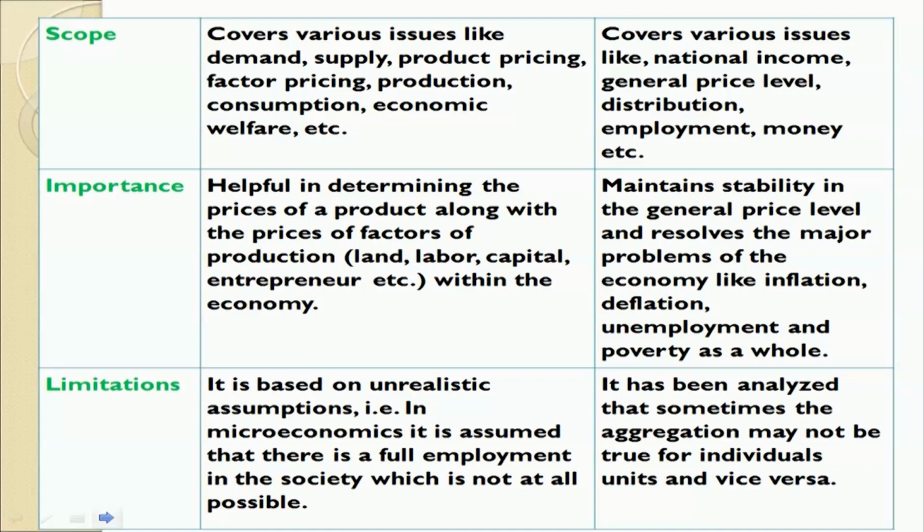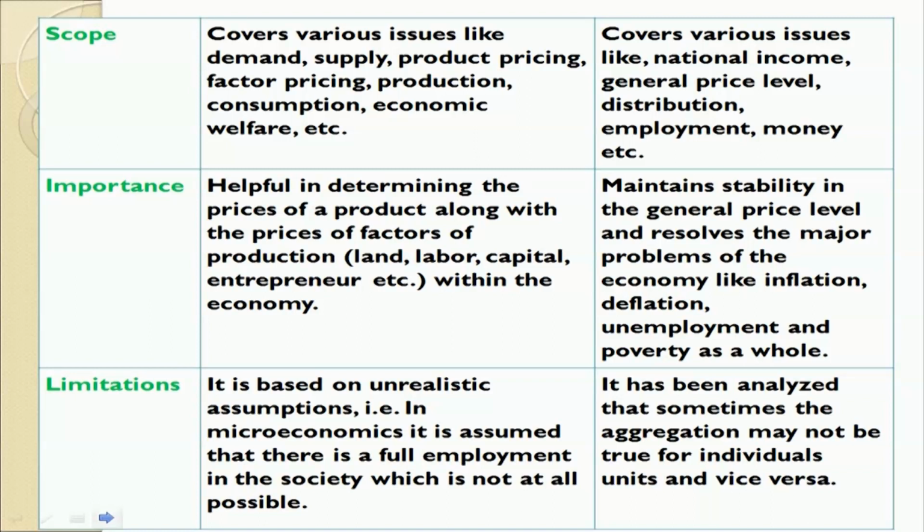So microeconomics deals with full employment, whereas macroeconomics recognizes that the aggregation concept may sometimes not hold for the individual unit, and vice versa. We take the entire income generated by the people, the overall aggregation of income, aggregation of expenses, total value of demand and total value of supply.